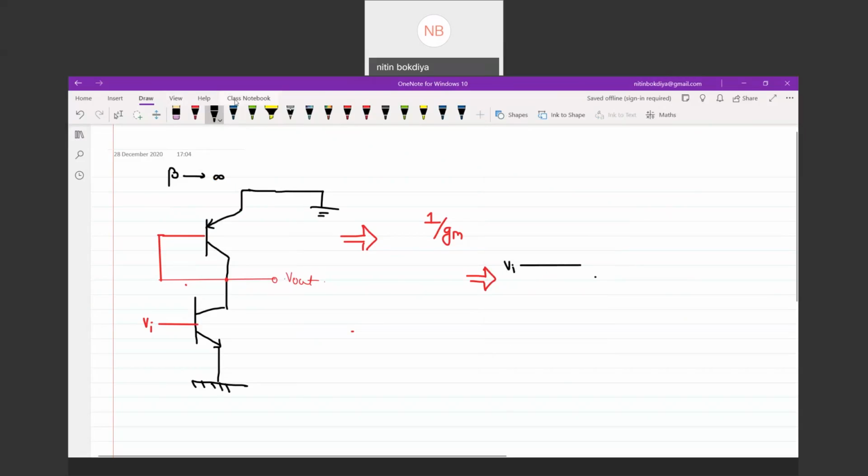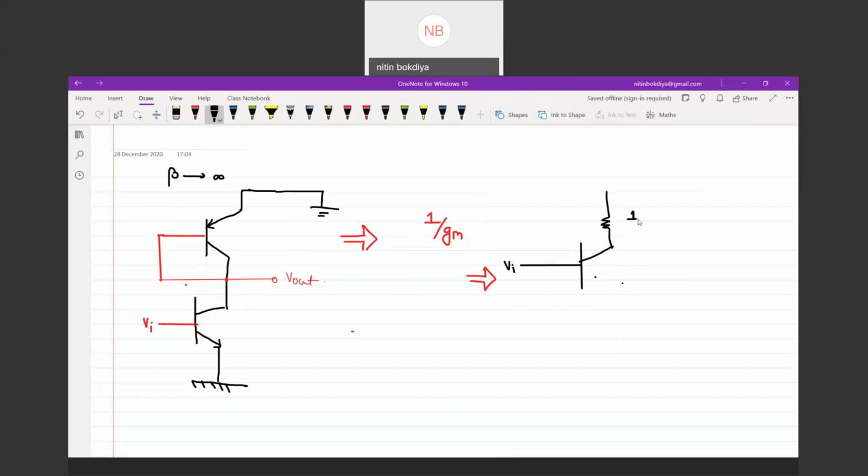Then we are having this 1 by GM in a small signal model.